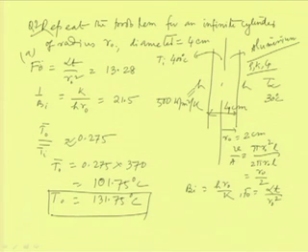Now, case B for the same problem is to find the local temperature. For case B, exactly the similar method, we have to find T bar by T naught bar.